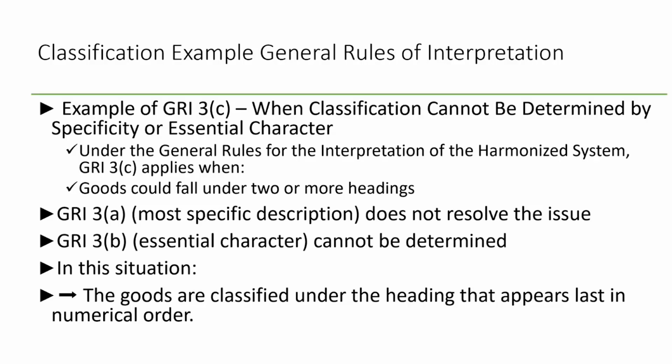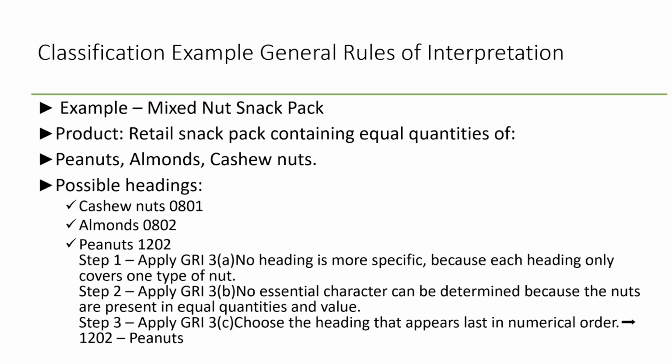If the most specific description doesn't resolve the issue, and the essential character cannot be determined, then the goods are classified under the heading that appears last in numerical order. The biscuits were the example for the most specific description, and the wine was the example for essential character.